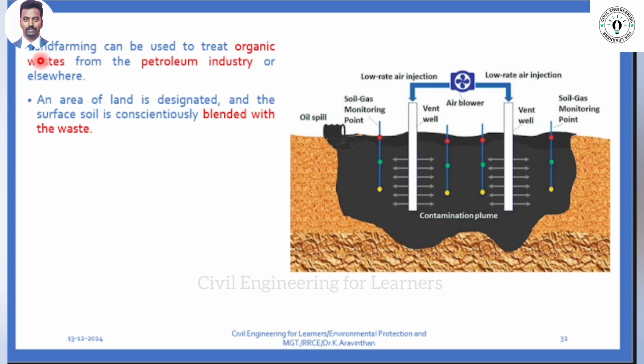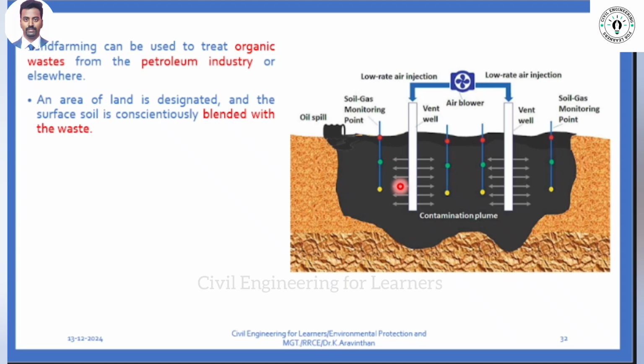Land farming can be used to treat organic waste from the petroleum industry. How do they treat it? They insert a vent well. A vent well means they place a pipe deep inside the soil and inject air, that means oxygen.